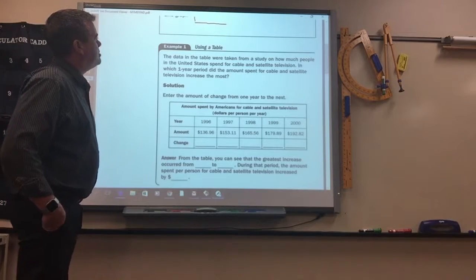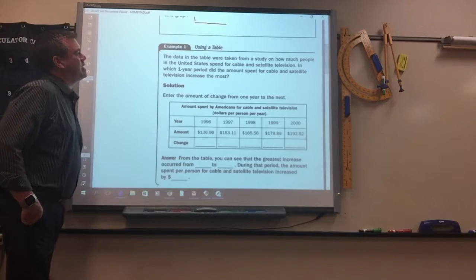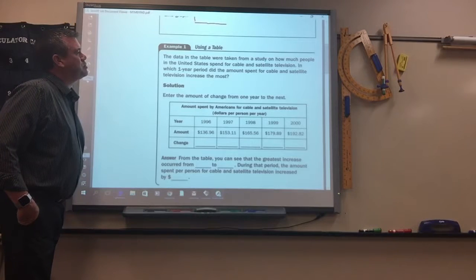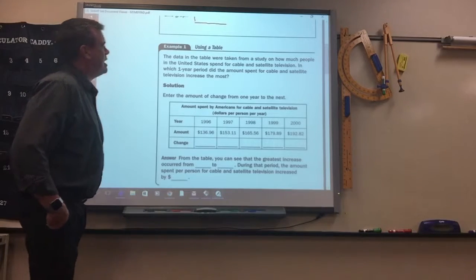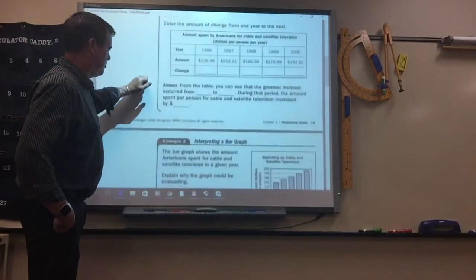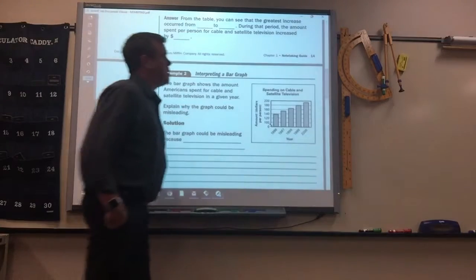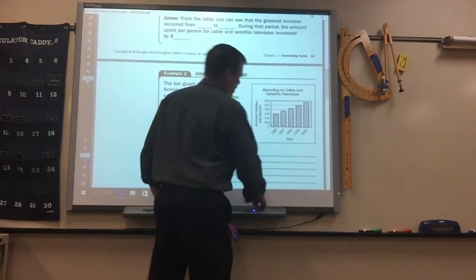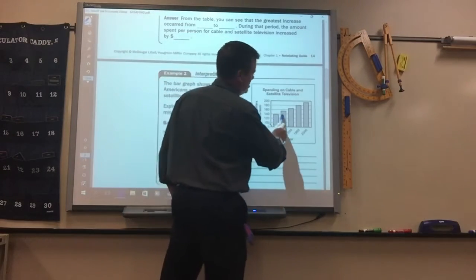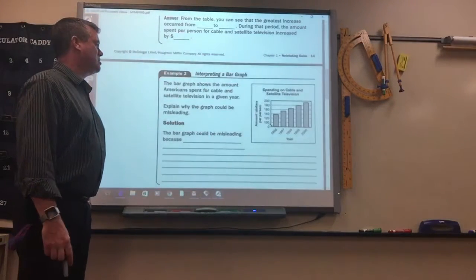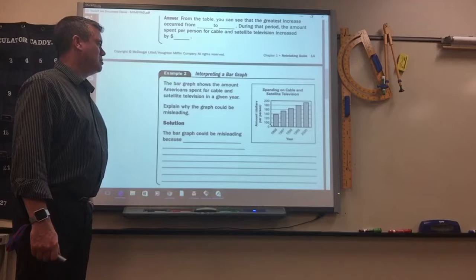So here we've got a study on how much people in the U.S. spend for cable and satellite. In which one-year period did the amount spent for cable and satellite increase the most? So, we would look at the bar graph. Looking at this, can you tell which year it increased the most?